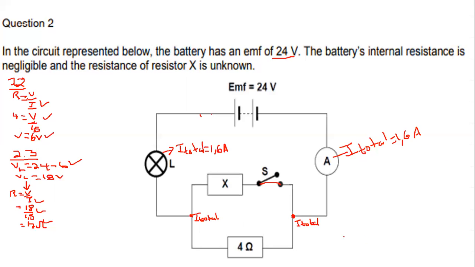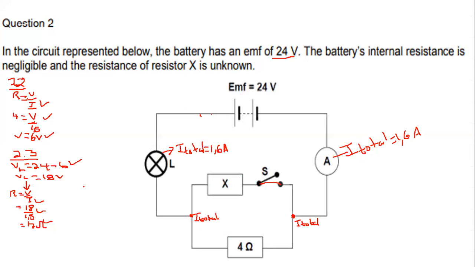Why? Because you are providing an alternative path for the current. So the current now has more paths, more routes that can be followed. So it means the total resistance is being decreased. Altogether, the opposition to the flow of current decreases, and that is why the current increased while the EMF remained the same.